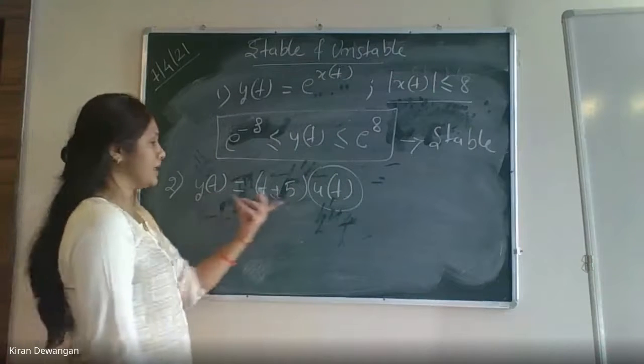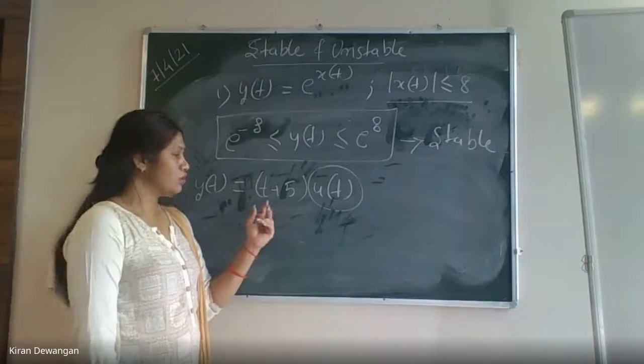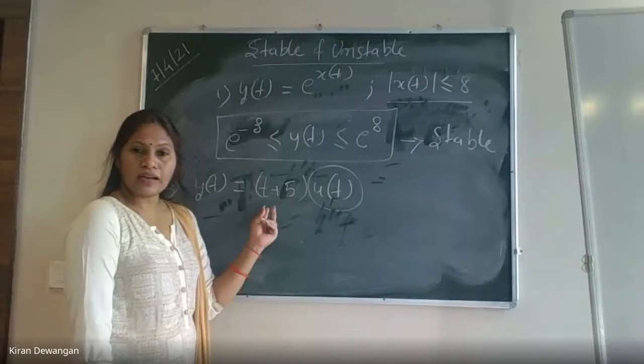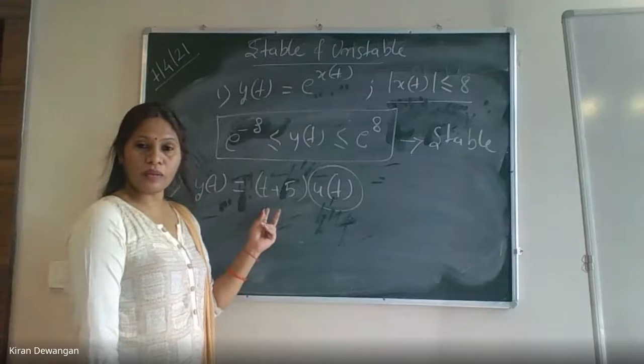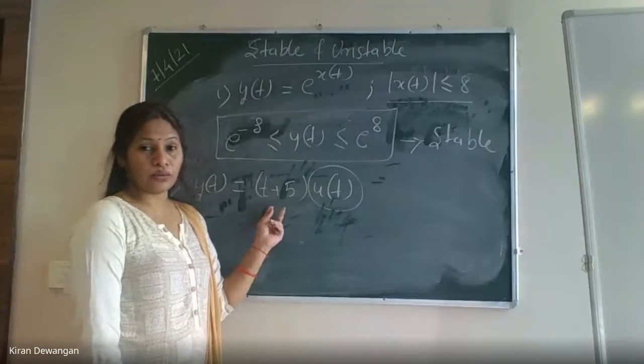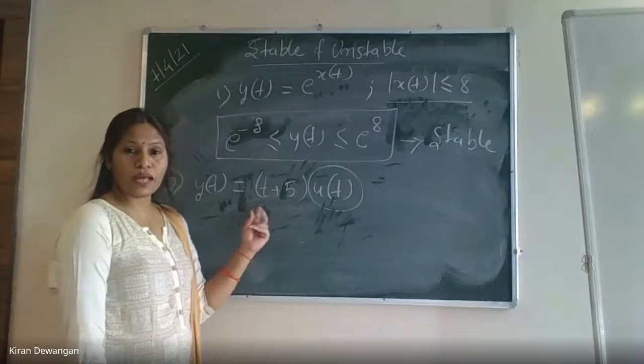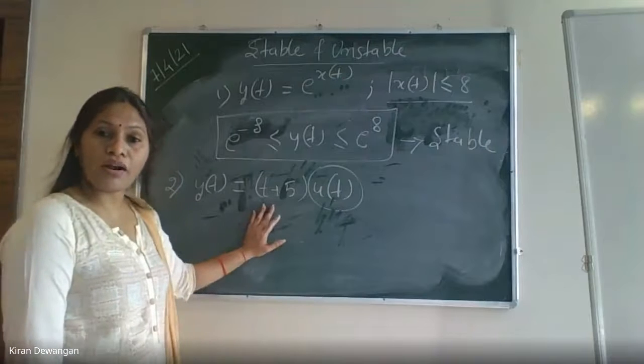y(t) is (t plus 5) into u(t). Now since it is t plus 5, it will remain finite for a finite value of t, but at an infinite value of t, it will be an infinite value. As t keeps increasing, it will be an infinite value. So is it stable or unstable?